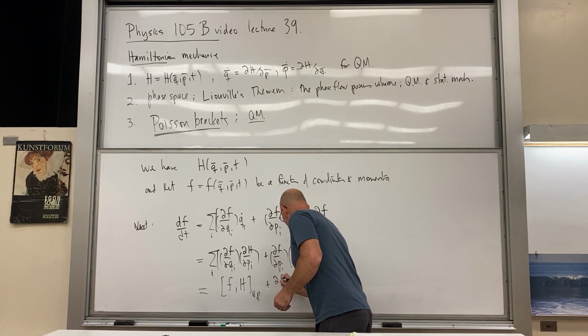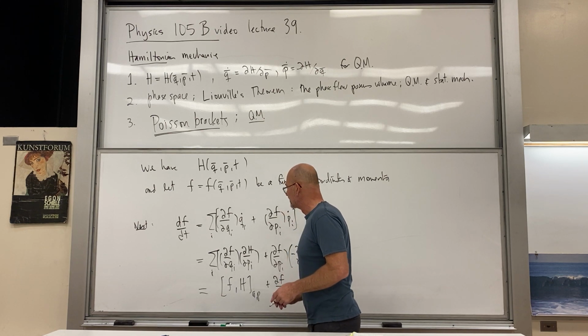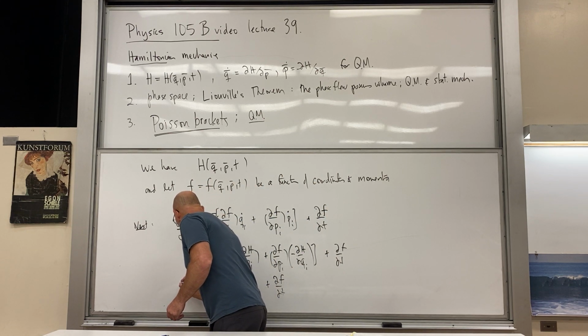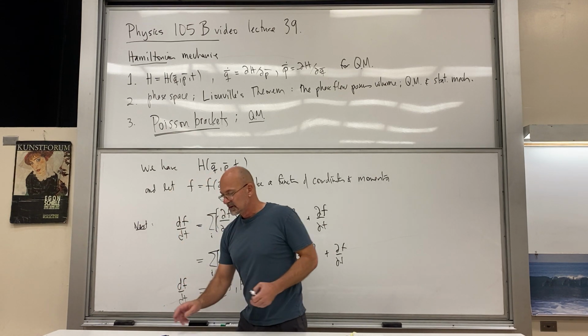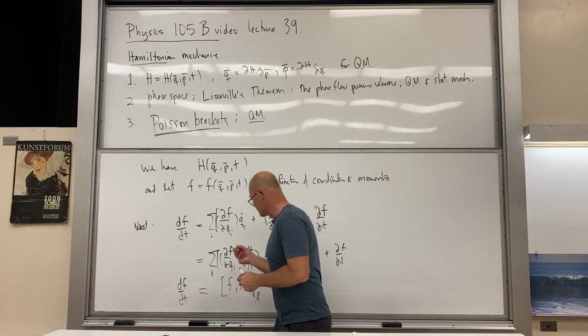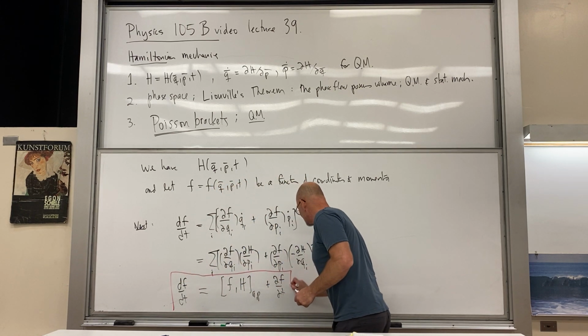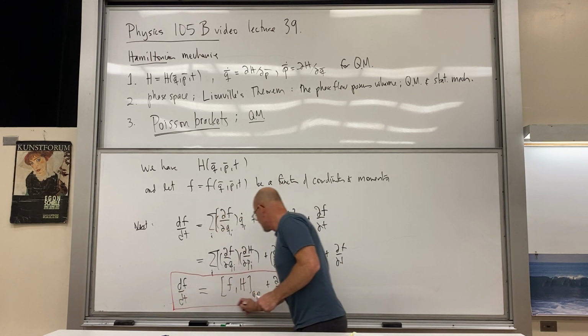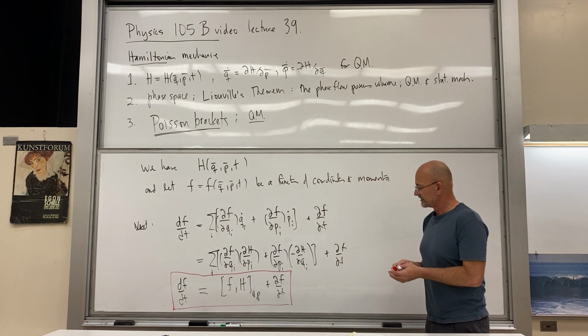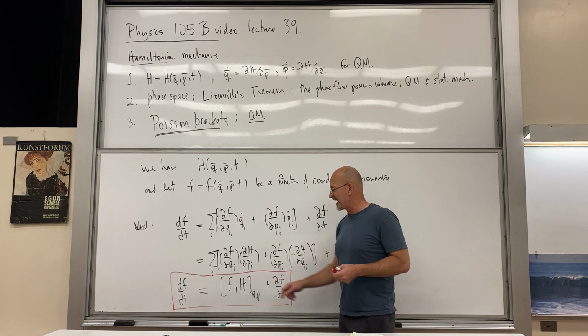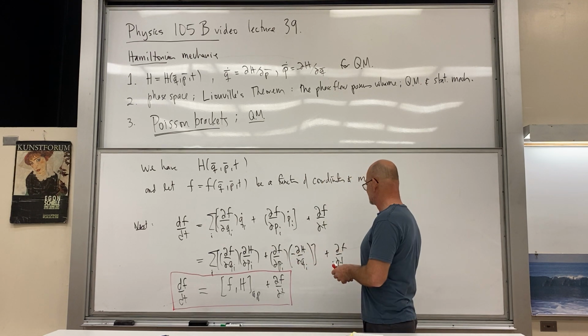So actually I'll write this here and put a box around it. A colored box while we're at it. So this is called the Poisson bracket, this big collection of stuff.